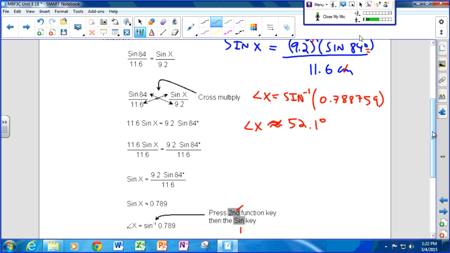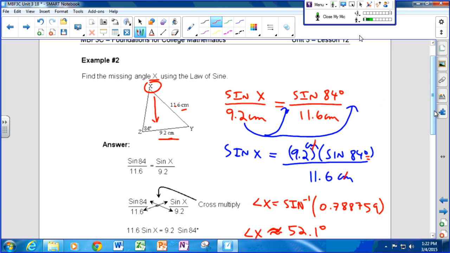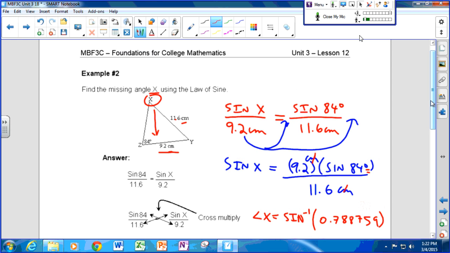Okay, so we used the law of sines to find a missing angle, and that's a good use of it because you see our little trick. If we had two angles, then we could find out the third one without too much more trouble.